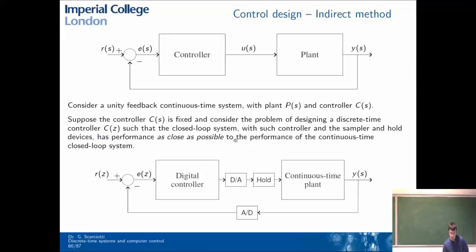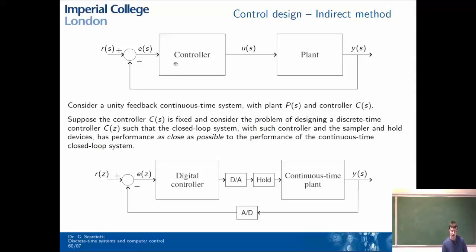Okay, so the situation for indirect methods is the following. In the indirect method, we have our plant in continuous time, and we design the controller in continuous time, okay? So we design this controller to achieve some stability performance, or other types of performance like steady state accuracy, okay?